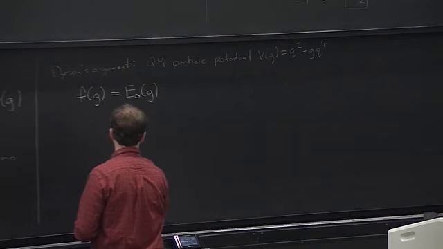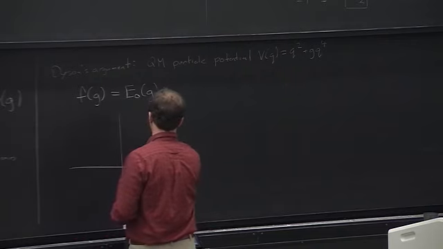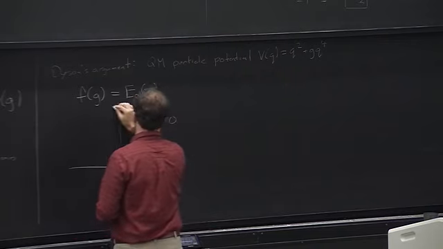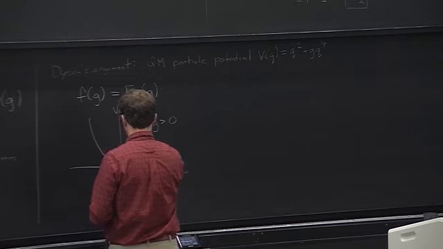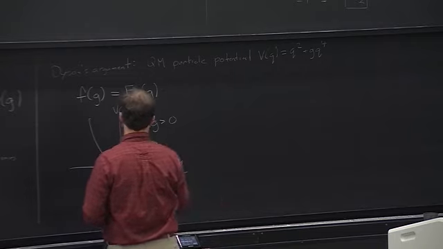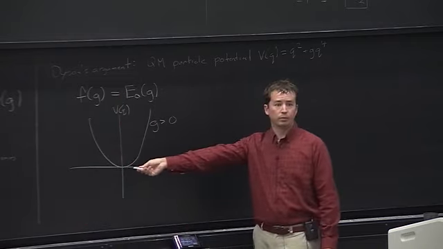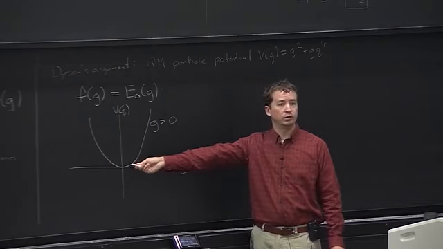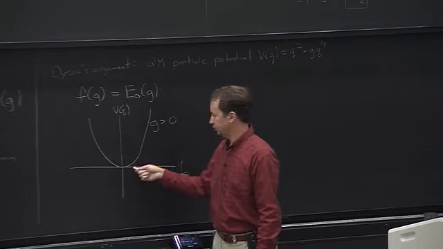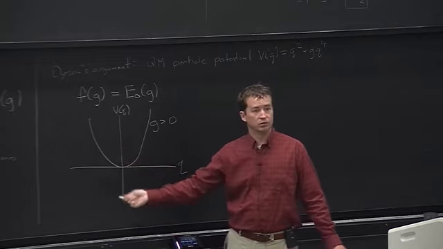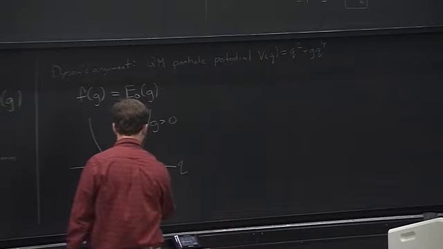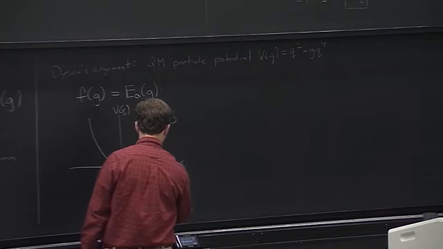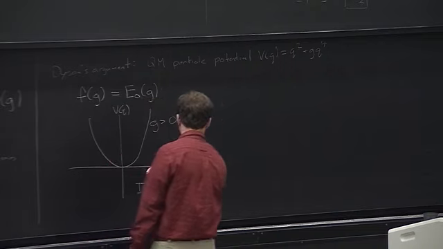So if g is positive, then V(q) just has some global minimum near q = 0. The ground state energy we expect is real, some number we could calculate. And in particular, the imaginary part of the ground state energy should be 0.